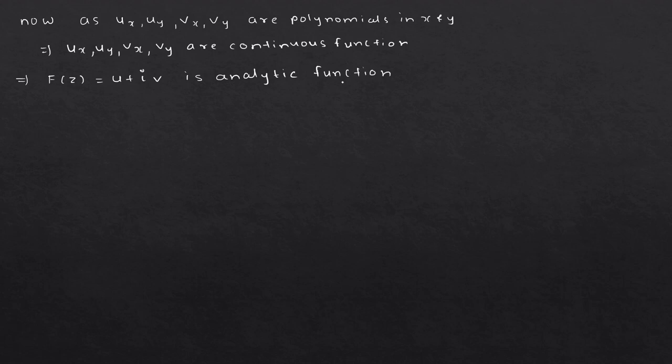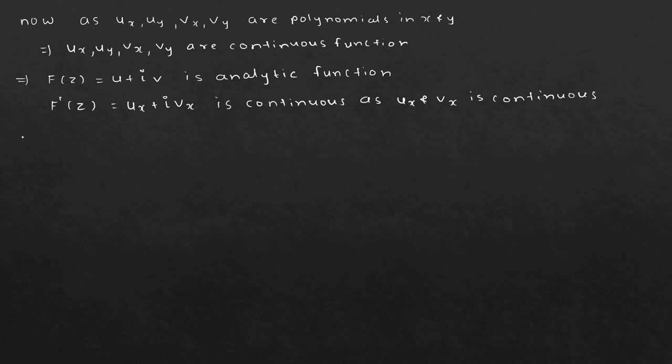And we also know that if f(z) is analytic, then f'(z) is also continuous, as f'(z) = ux + i vx. As ux and vx are continuous functions, f'(z) is also continuous.